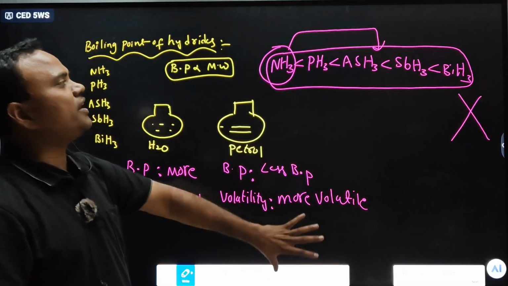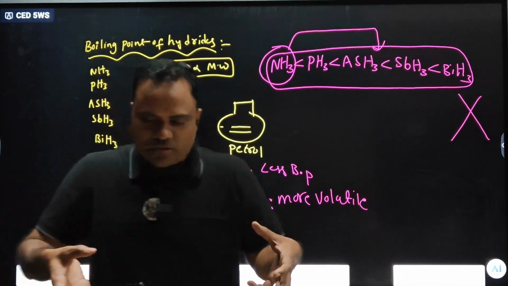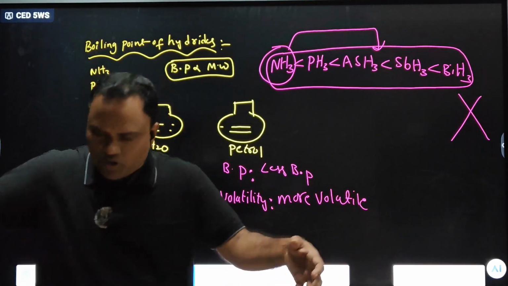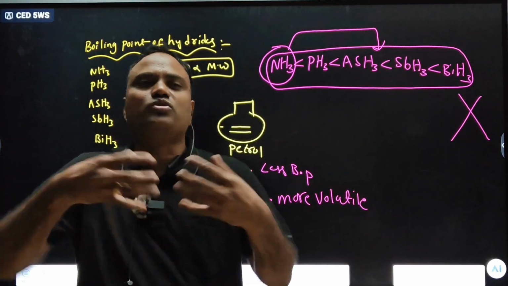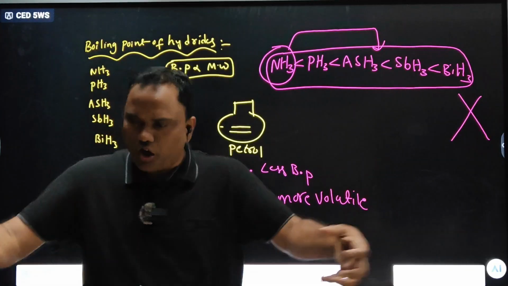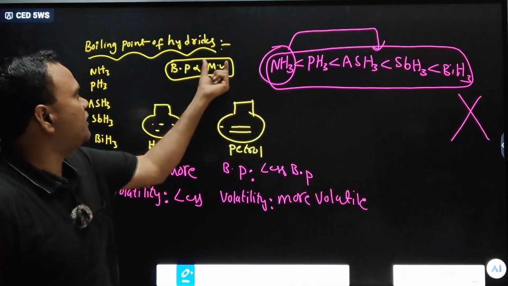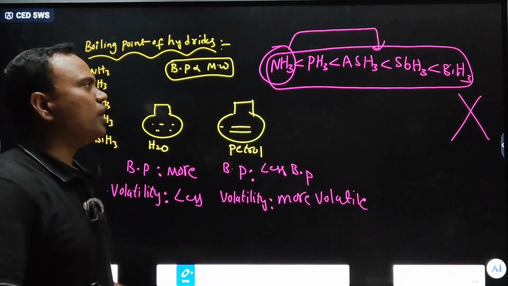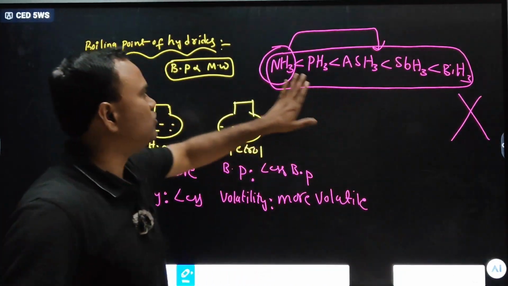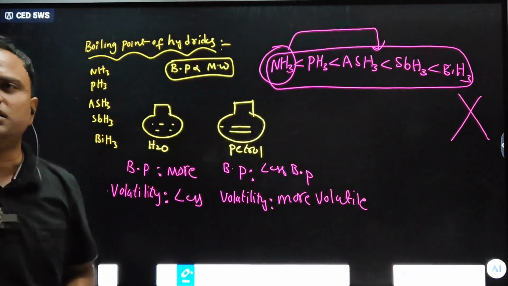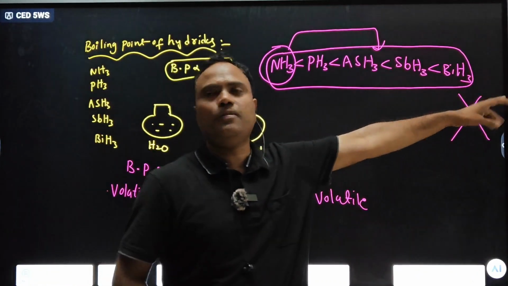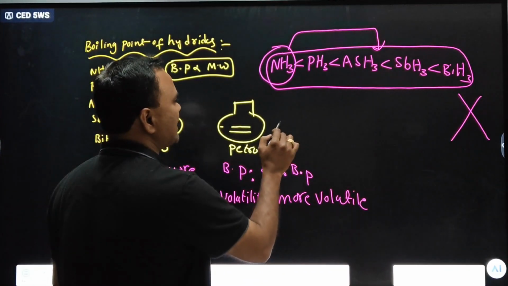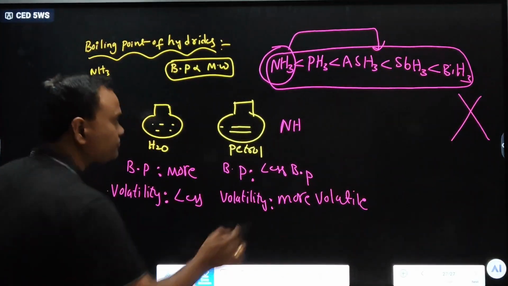Because of hydrogen bonding, ammonia molecules come close together and get associated, so the weight increases, and if weight increases, boiling point also increases. Due to hydrogen bonding, ammonia's boiling point is more than that of PH3 and AsH3. Don't keep ammonia first; after AsH3, ammonia will come.